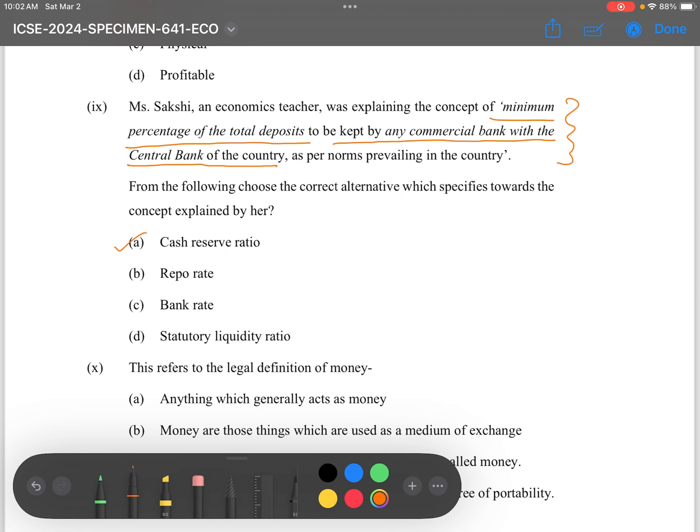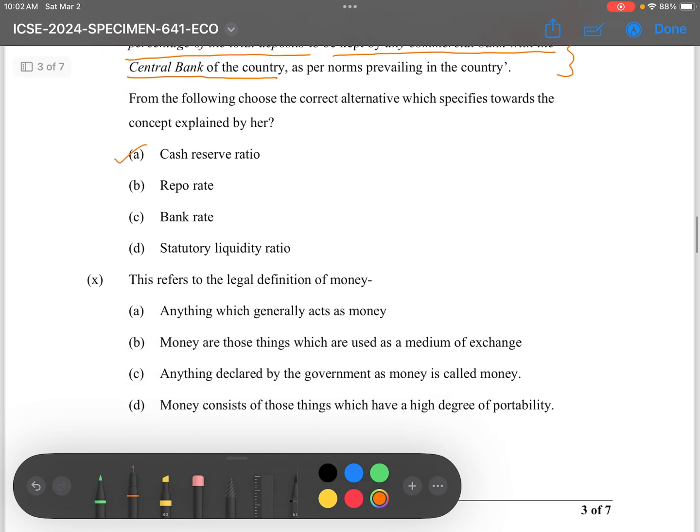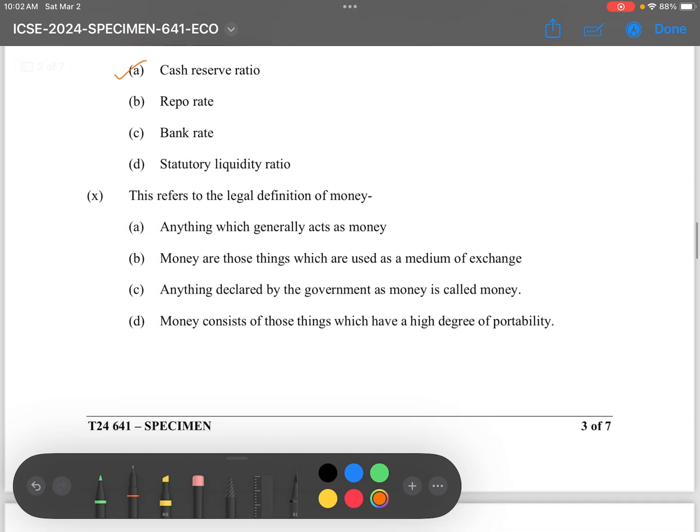Repo rate is totally different. And your bank rate is when the commercial banks are borrowing from the central bank. So please make sure that you are doing these differences very carefully when you are learning these different methods of quantitative control.